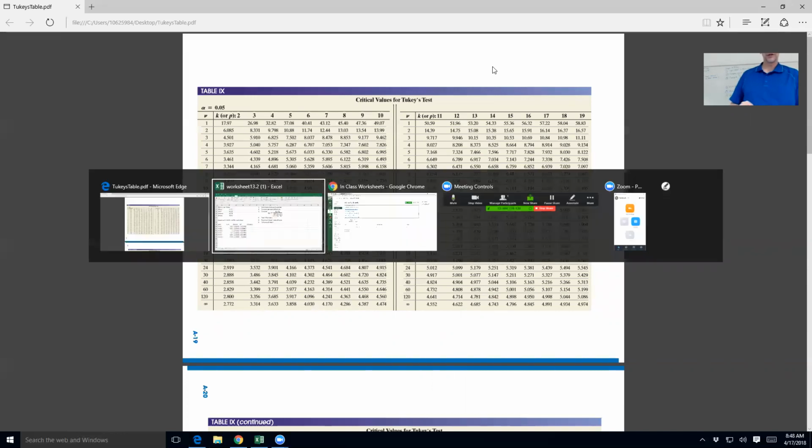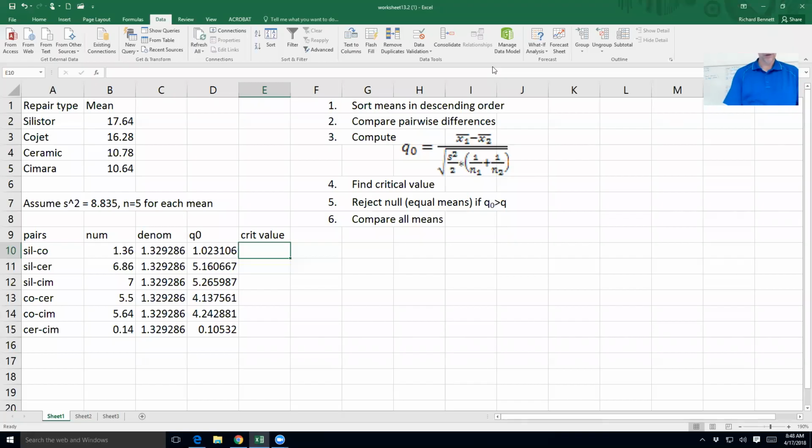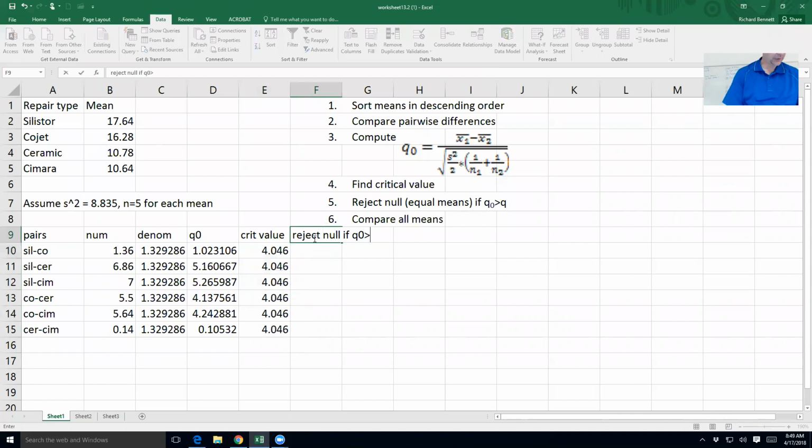So my critical value in all cases is 4.046. That's going to be the same for all of these. So we're going to reject the null if Q naught is greater than Q.